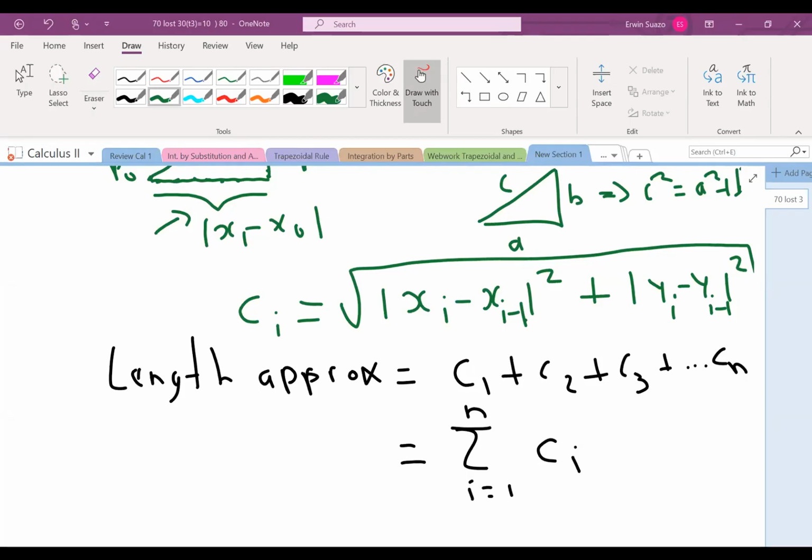I wish I could annotate, but no. Well, so I have my sum of Ci's, right?